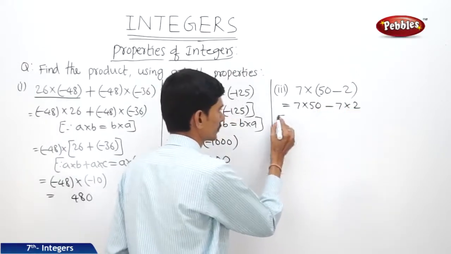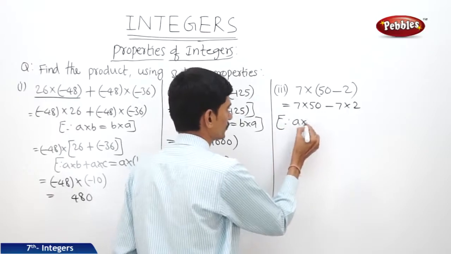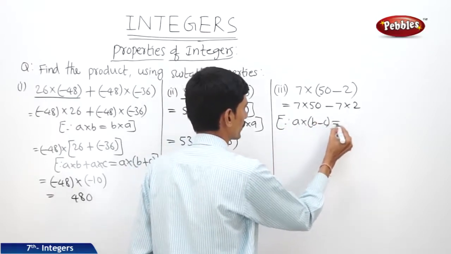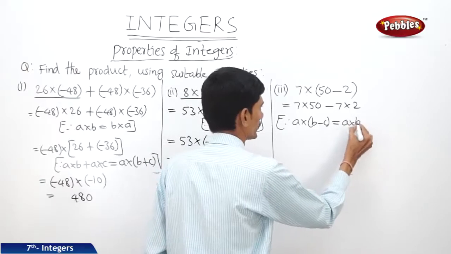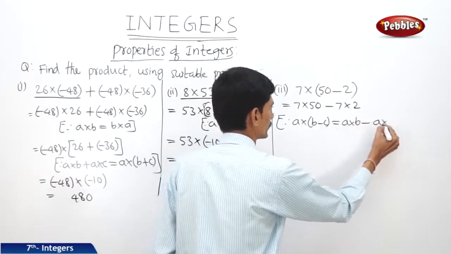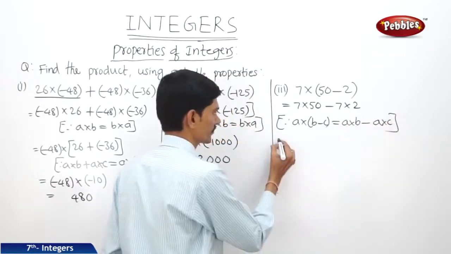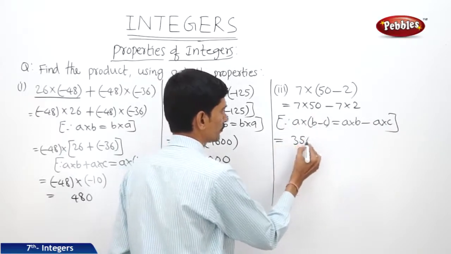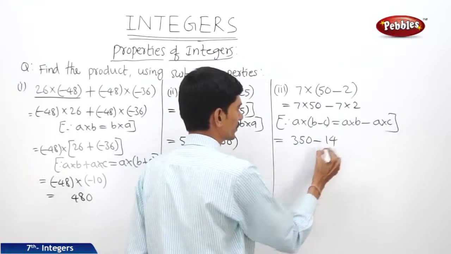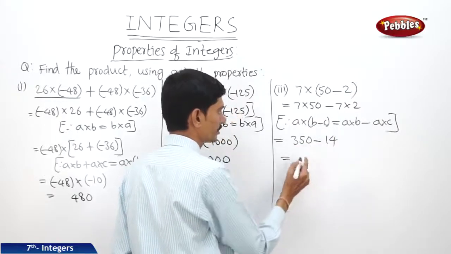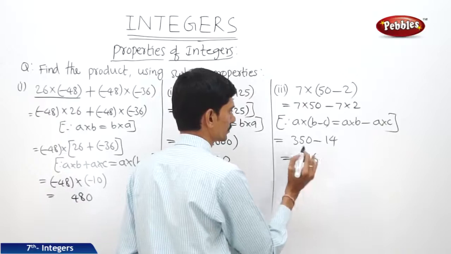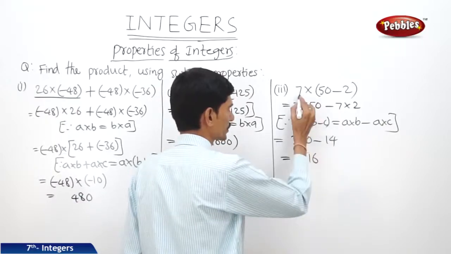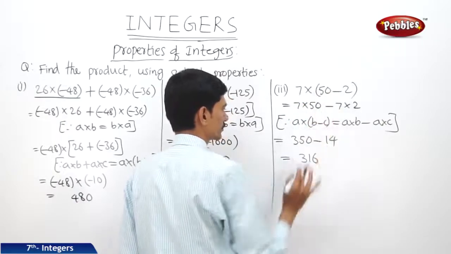Now this is a into (b minus c) equals a into b minus a into c. Now this equals 7 into 50, 350, minus 7 2s are 14. So 350 minus 14 is 336. So this is the product of the given 7 into (50 minus 2).